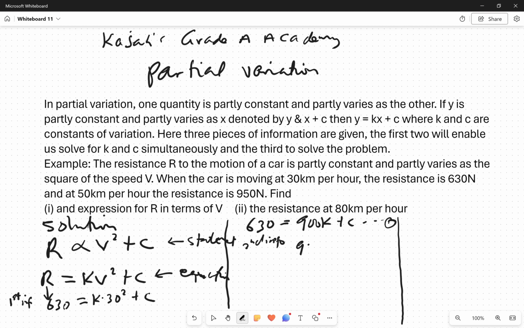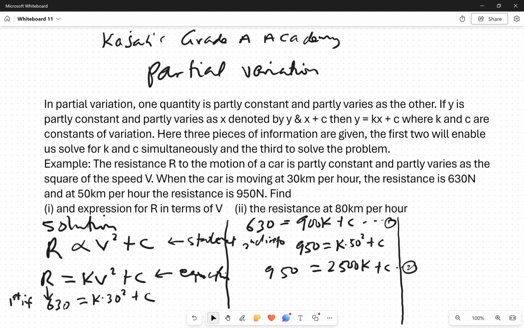So 950 is equal to k, and it is moving at 50, so times 50 squared plus c, which will give us 950 is equal to 50 squared, that is going to give us 2,500 k plus c, and that is our equation 2.